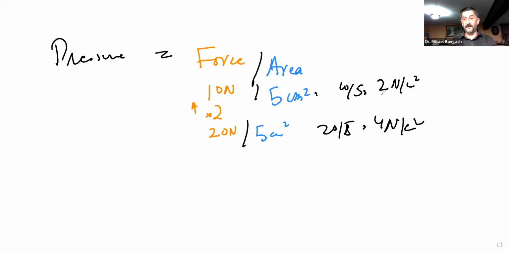So before, we started off with a pressure of 2 newtons per centimeter square. Now we have a pressure of 4 newtons per centimeter square.